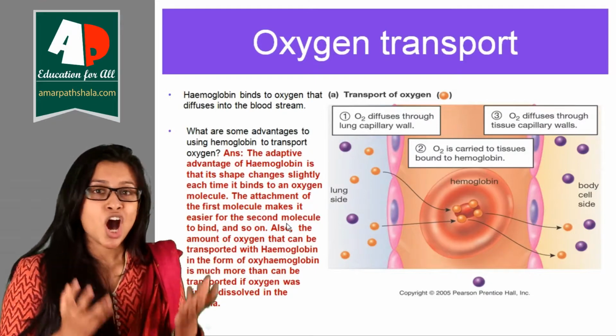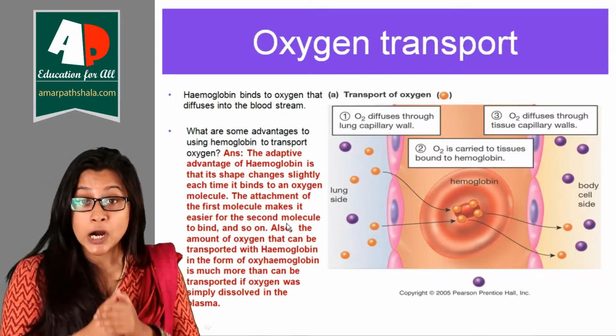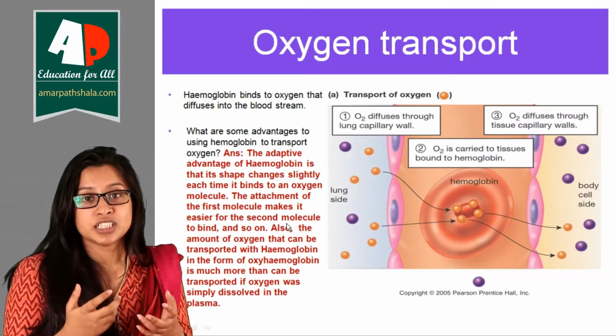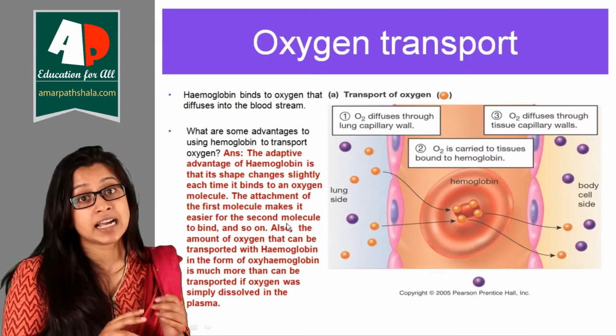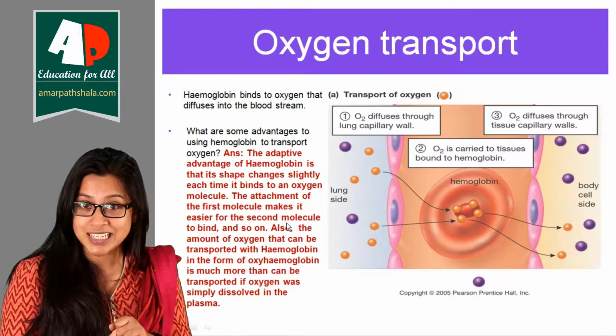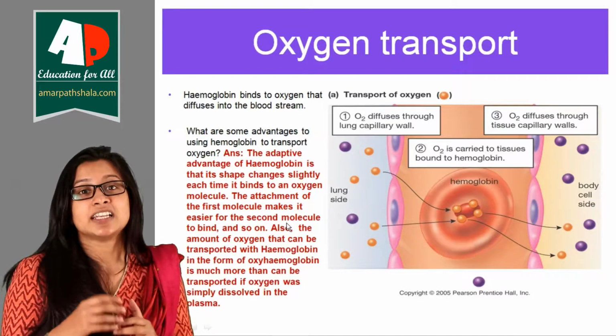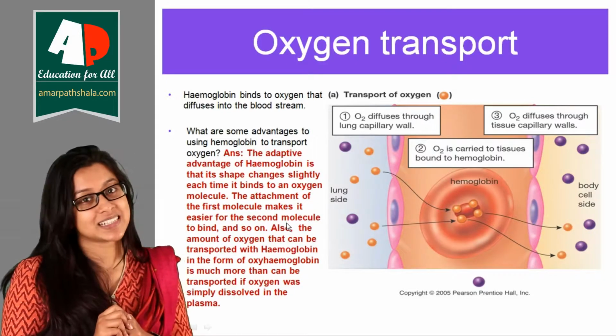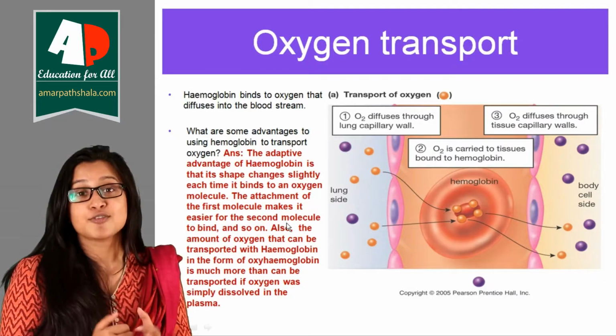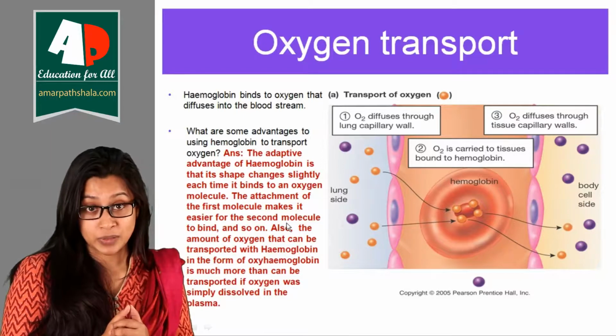So, in oxygen transport, we learn that oxygen from the environmental air crosses through the alveoli into the blood capillaries, where the oxygen molecule binds with the hemoglobin molecule present in the red blood cells and forms the oxyhemoglobin complex.